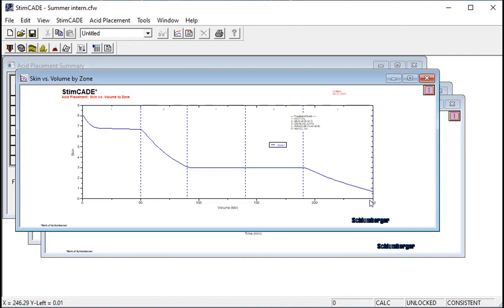By the time you get to the last pumping, we are having a skin of about 2, close to 1, which shows that at the end of this treatment, we should have a skin that has reduced from about 8 to about 1 point something, which is actually a good change, a drastic change.